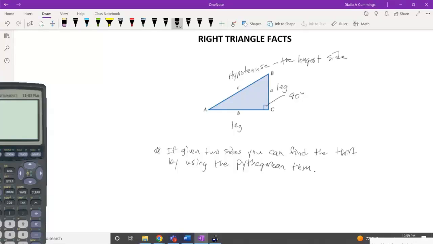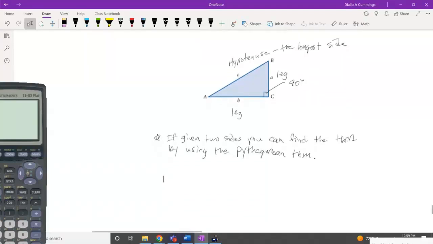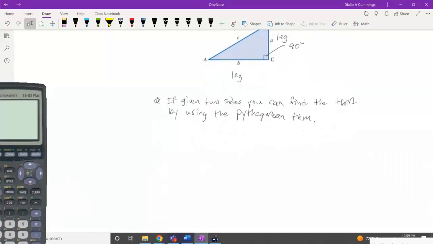As we go through these problems, we try to set up the least amount of trig functions possible. Normally when we solve a right triangle, you may set up 1 or 2 trig functions, and then you can use some of these facts. Like this fact says, if you're given two sides, you can find the third side by using the Pythagorean theorem.